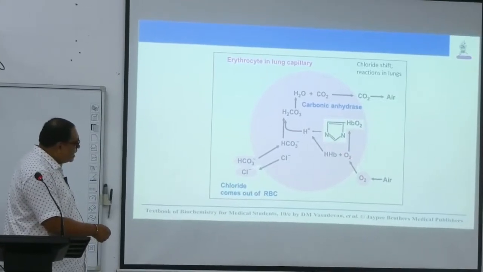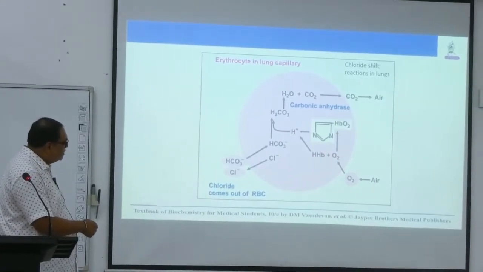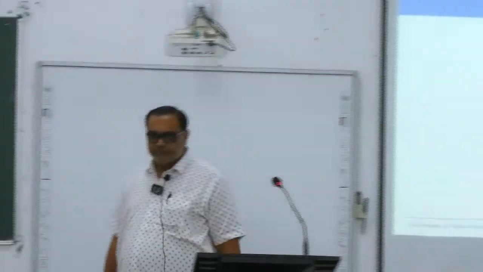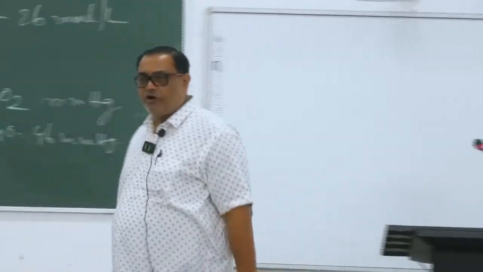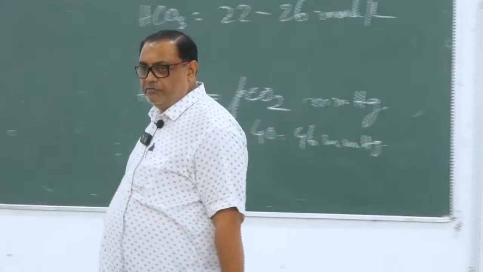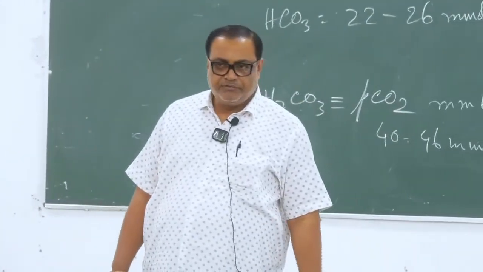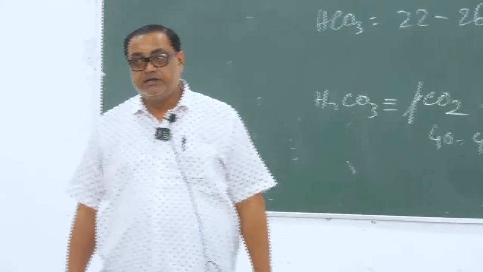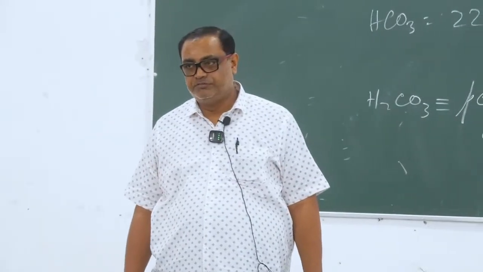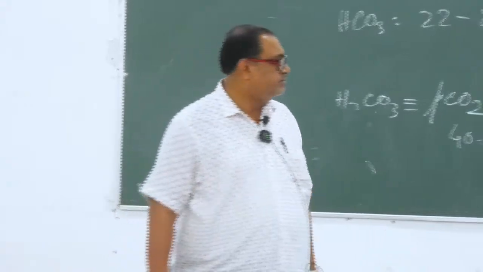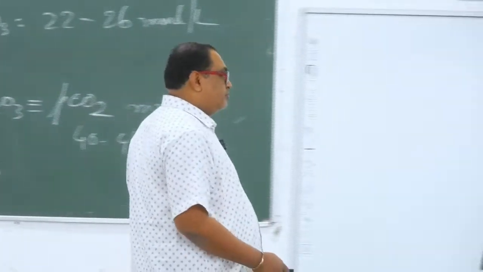O2 will enter and combine with Hb, H plus ion will release. So, HbO2 will form. So again entry of oxygen here will help in release of CO2. Clear? So, these two you remember. This is for chloride shift and reverse chloride shift.